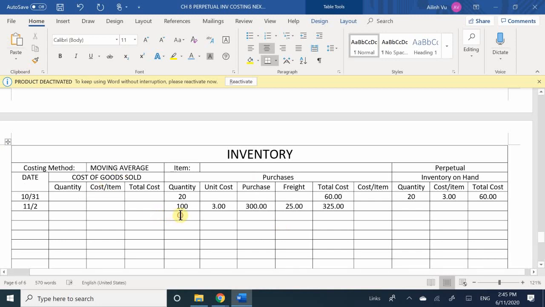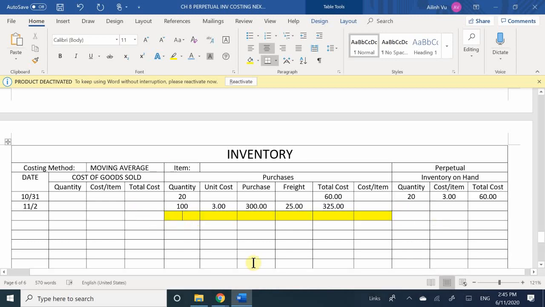You can add it here, but I'm going to make my calculation here so then I can physically see it. So the quantity would be 120.